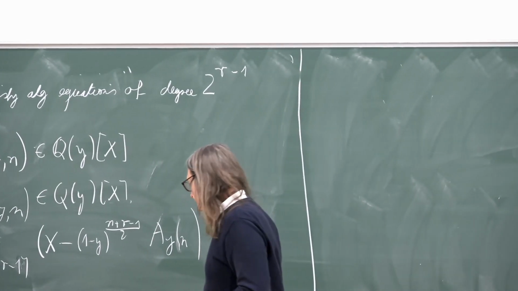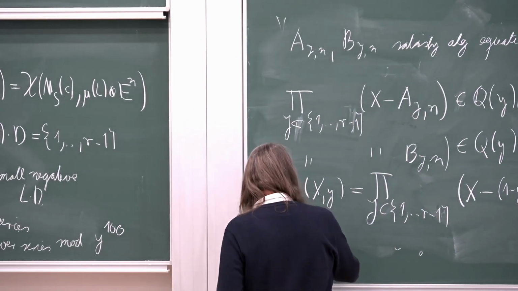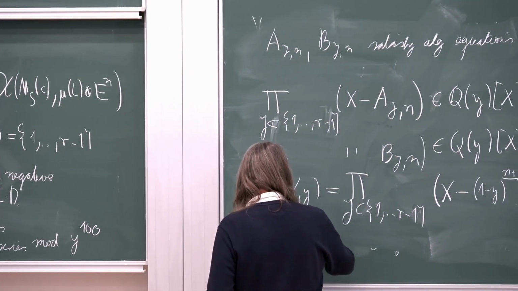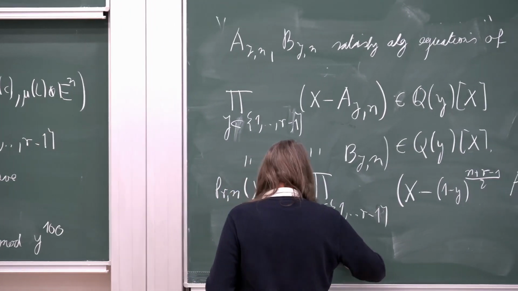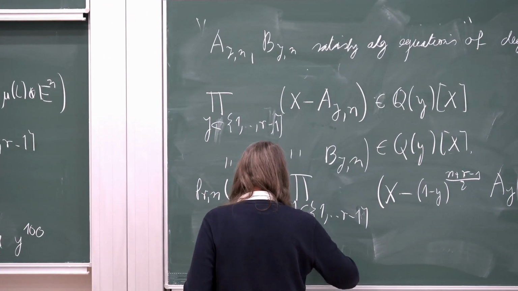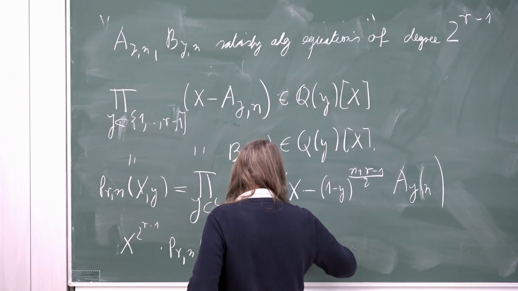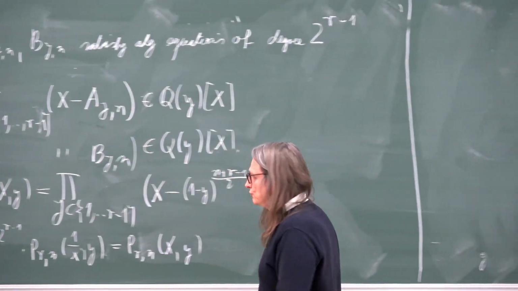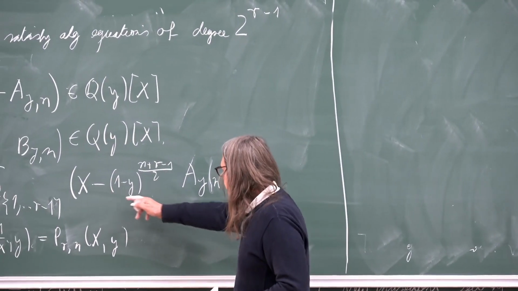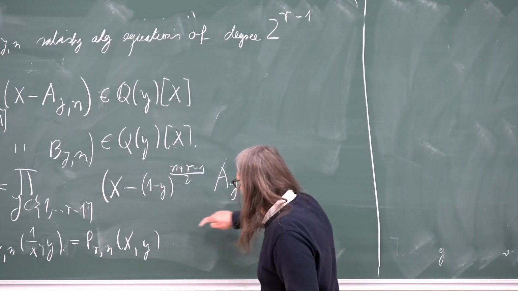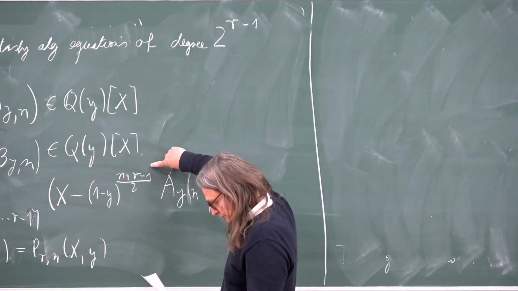Then this is palindromic. So that means we have, if I take x to the 2 to the r minus 1 times Prn of 1 over x, this is equal to Prn of x. So what does that mean? That means that whenever one solution of this polynomial is this, then it also contains the inverse of this thing as a solution.